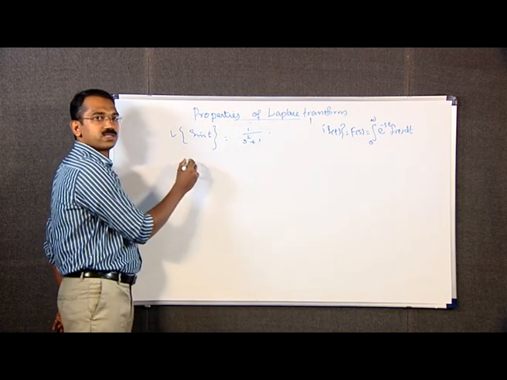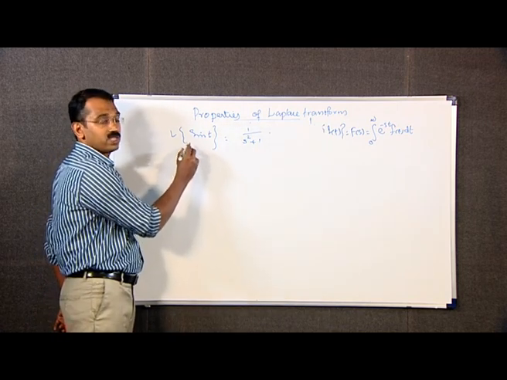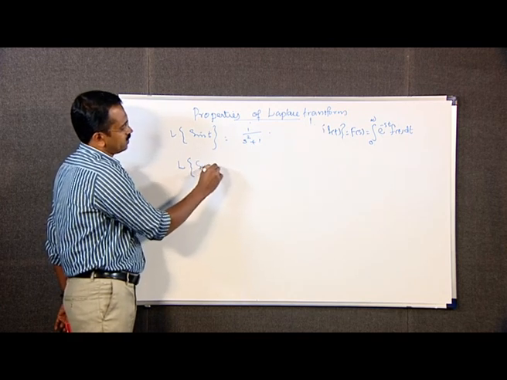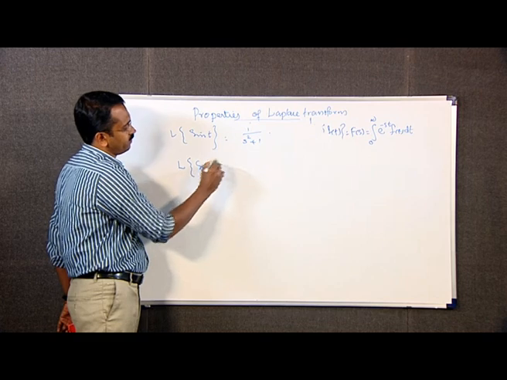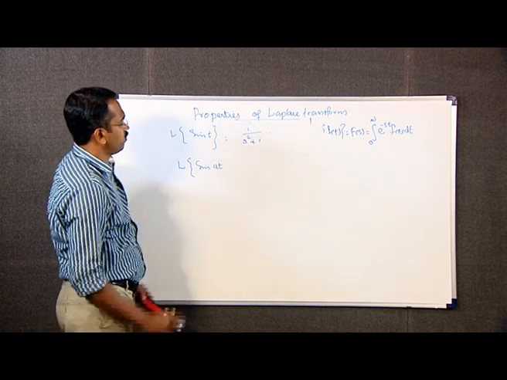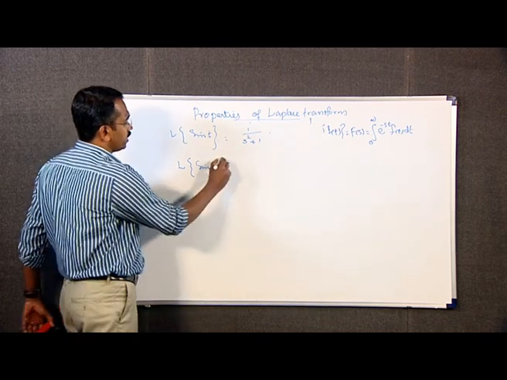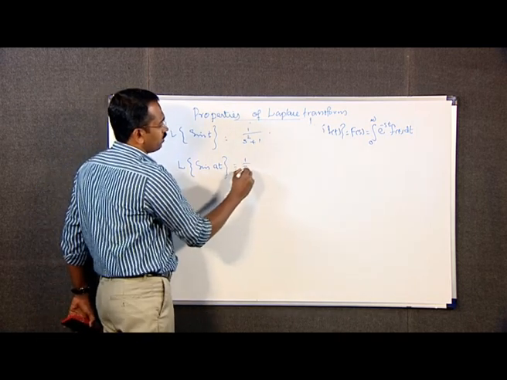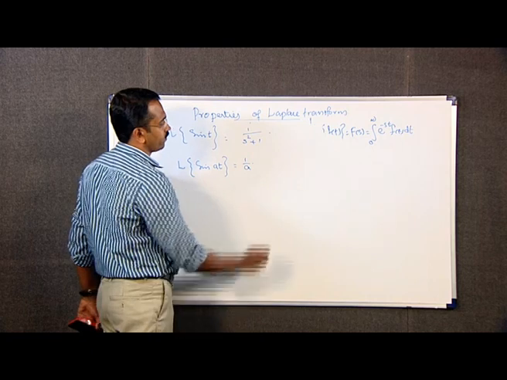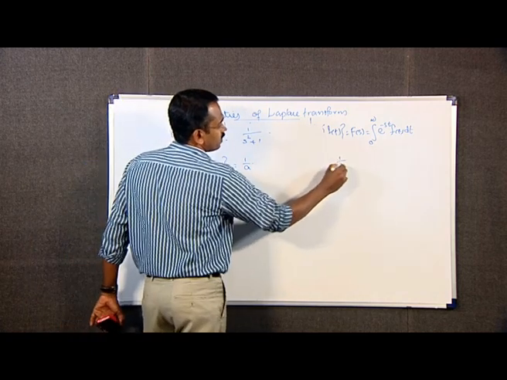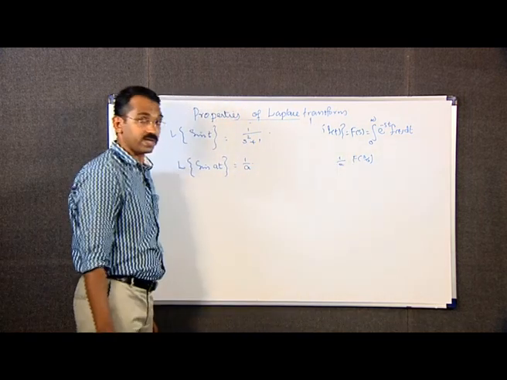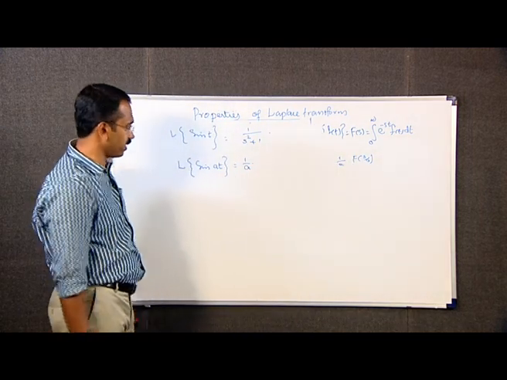Therefore, by the change of scale property, we can write L of sin a t. Instead of t, we use a into t, that is equal to 1 by a into F of s by a. This is the property. Just replace s by s by a and multiply by 1 by a.